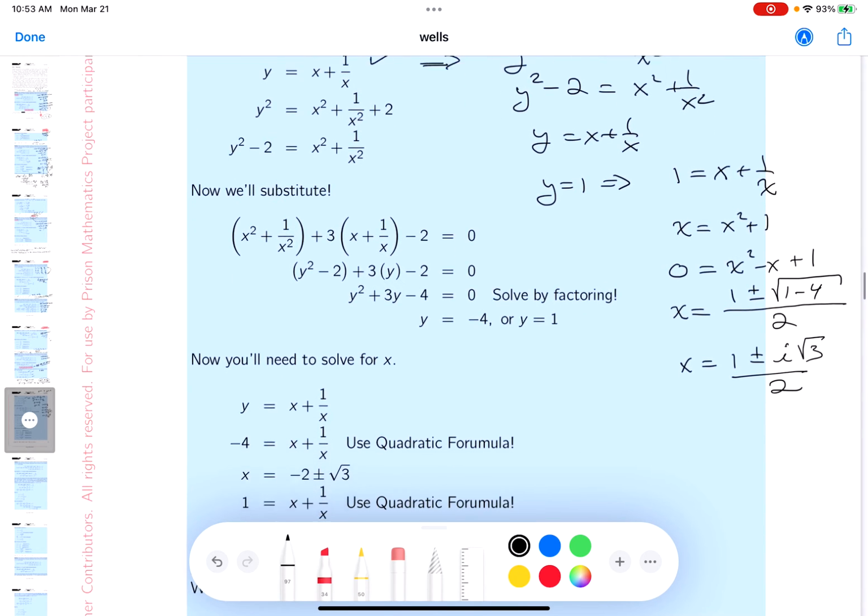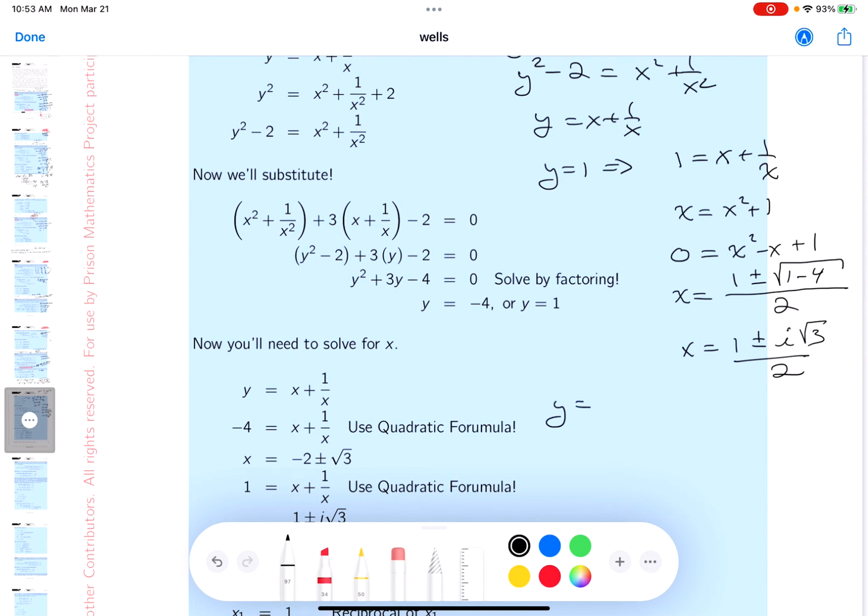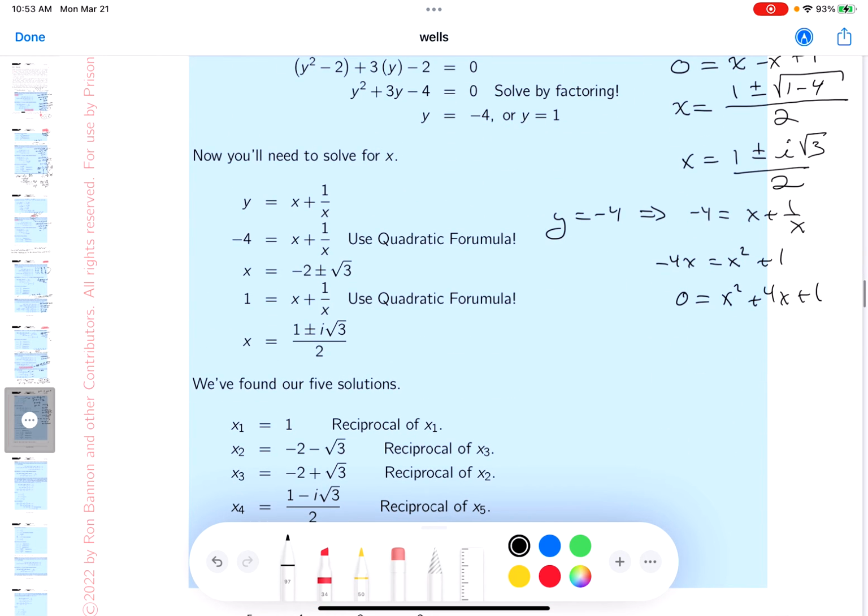Now let's go to the minus 4 now. So if y is minus 4, what are you going to get? Minus 4 equals x plus 1 over x. Multiply both sides by x, you get minus 4x equals x squared plus 1. And then you get 0 equals x squared plus 4x plus 1. Quadratic formula, x equals, let's see, 2, minus 4 plus or minus, we'll check the key later.